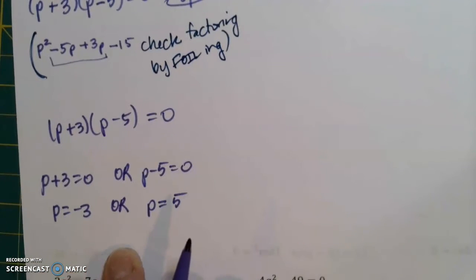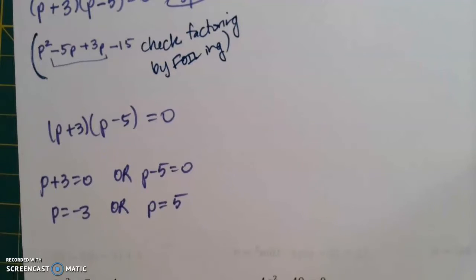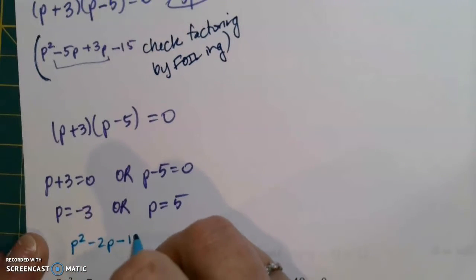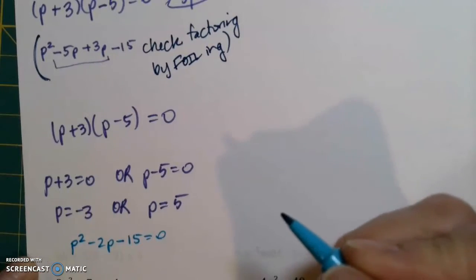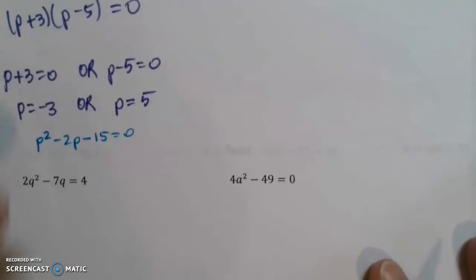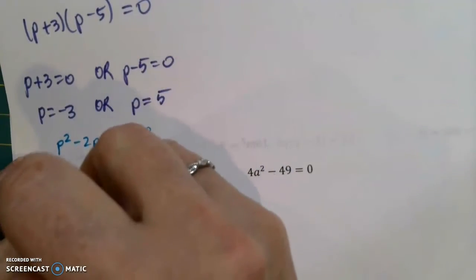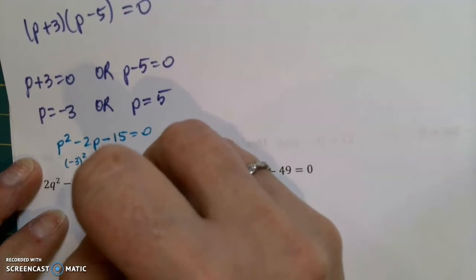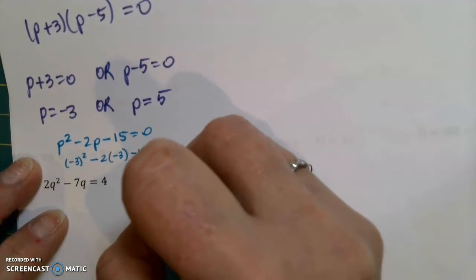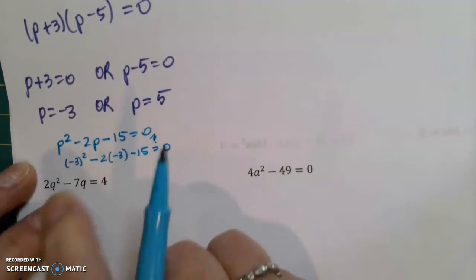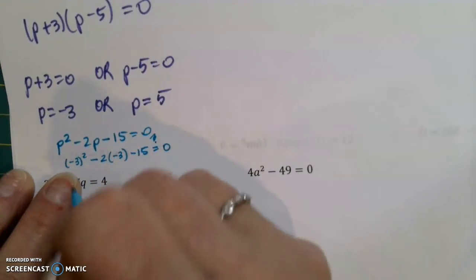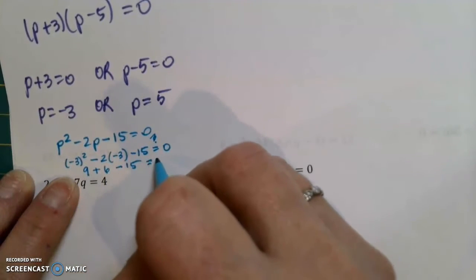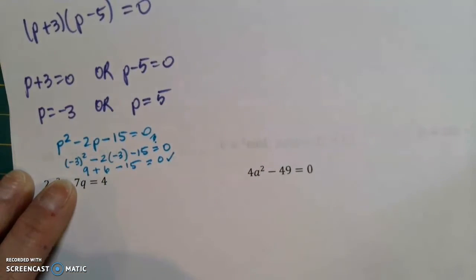Do remember to go back to the original equation for our checking. So we're looking at p squared minus 2p minus 15 equals 0, and plugging in the negative 3 and the positive 5 in there by turns. So negative 3 squared minus 2 times negative 3 minus 15, and does that equal 0? This will give us a positive 9 plus 6 minus 15, and we're going to get 0 equals 0.